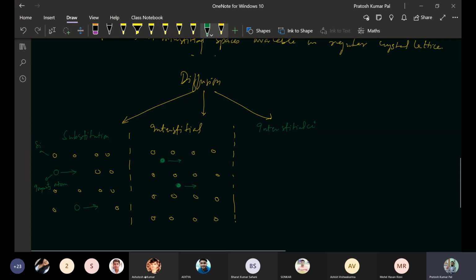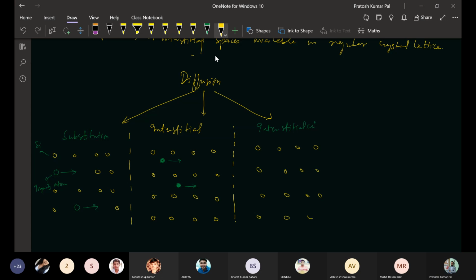In that interstitial C diffusion, there will be regular silicon atoms placed. Suppose this is the silicon atom, and there will be an impurity. In interstitial C, the impurity will be available at interstitial space, but it will force the silicon atom to move into the interstitial space, and the silicon space will be occupied by the impurity atom.